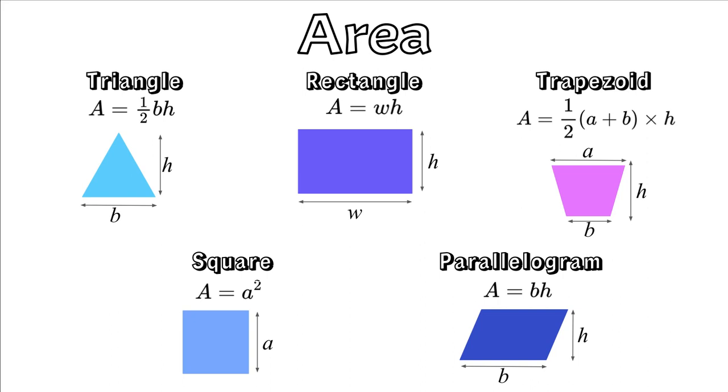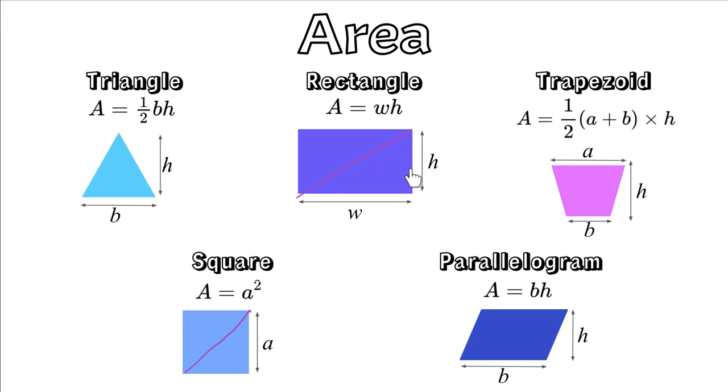Another helpful hint for remembering what a triangle is, if you think about a rectangle, if we were to cut this rectangle or the square on a diagonal, notice that there are two triangles. And since the area of a rectangle or a square is basically width times height, notice that the width is similar to the base of the triangle, and the height would be pretty much the same.